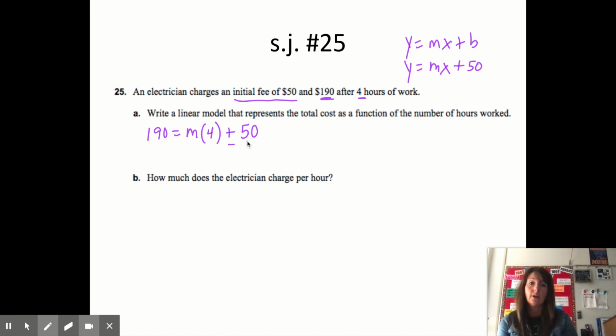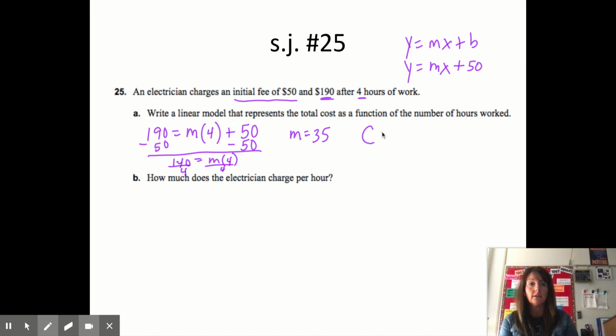So if we subtract the $50 from both sides, we'll have 140 is equal to our slope times 4. So we can divide both sides by 4. And our slope in this case is going to be equal to 35.